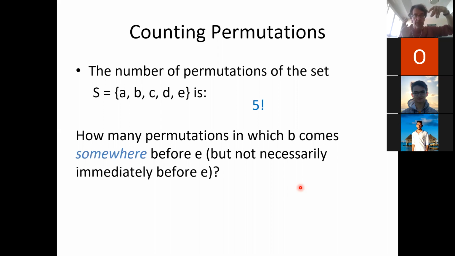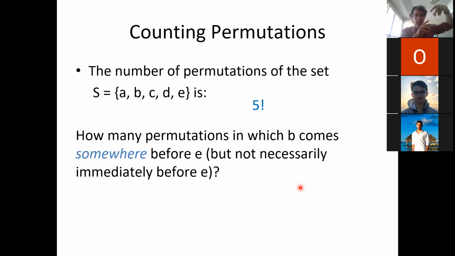Everybody but B and E are unmoved by this function, and B and E could be moved, but either they are in the correct order or they're flipped, in which case you create a collision. So the number of pre-images for any element is 2.